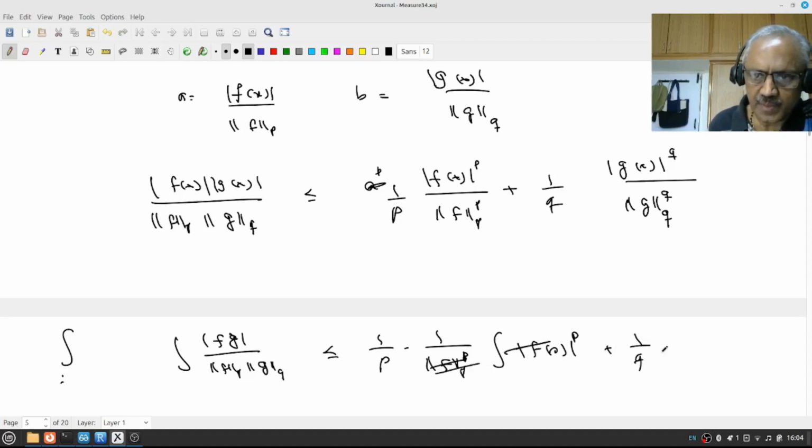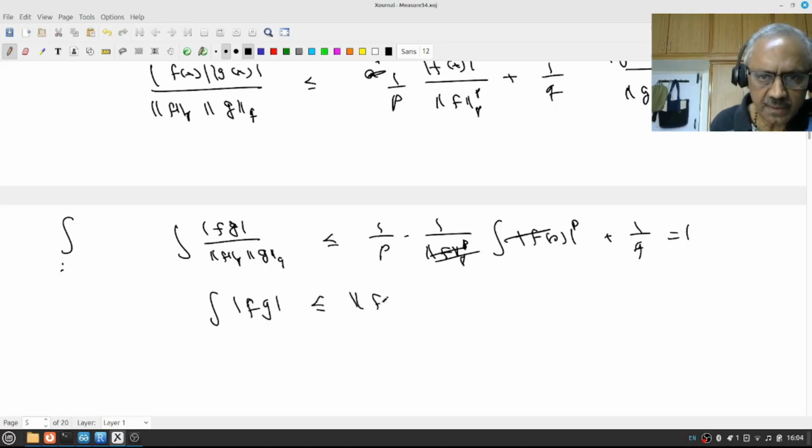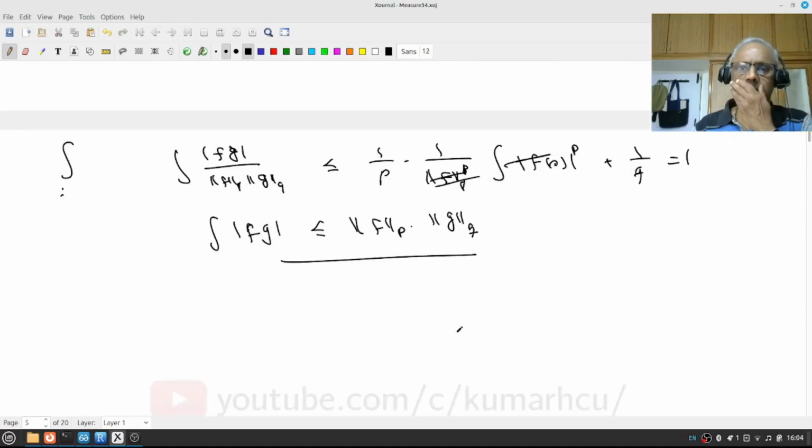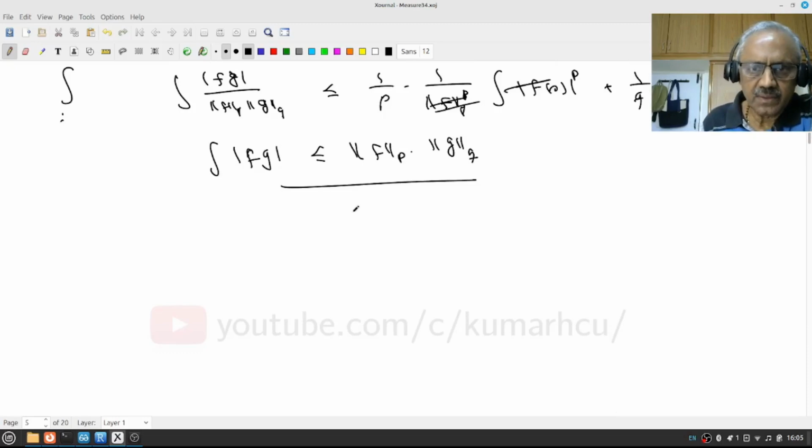Similarly, this will be 1 by q, which is equal to 1. Therefore I get the integral of mod fg is less than or equal to the LP norm of f into the LQ norm of g. So this I think I proved in the last session.